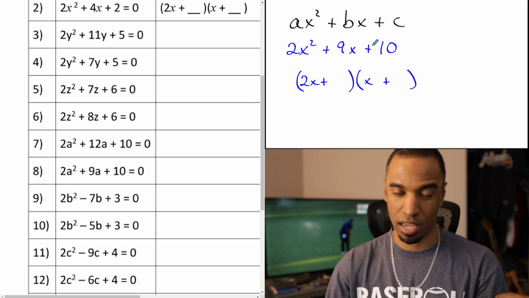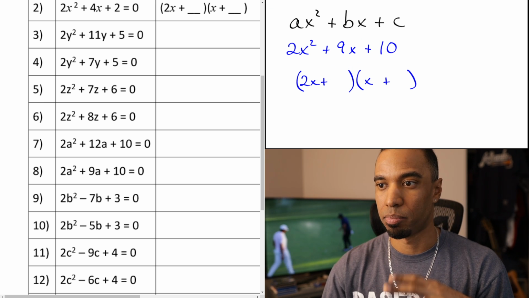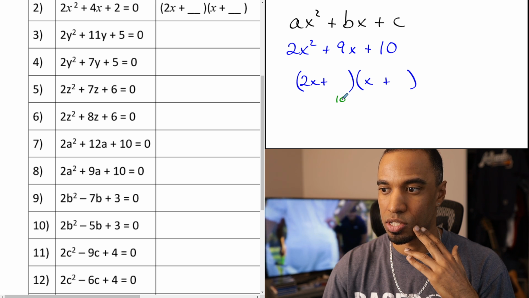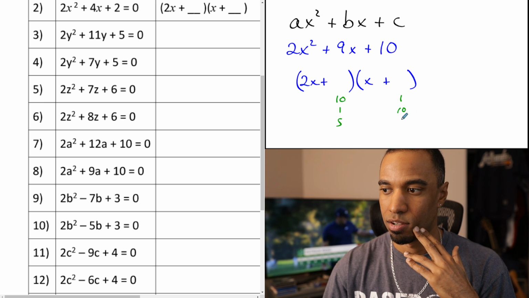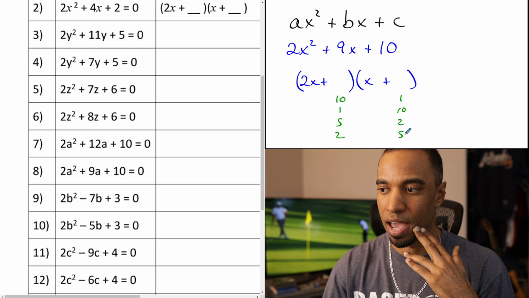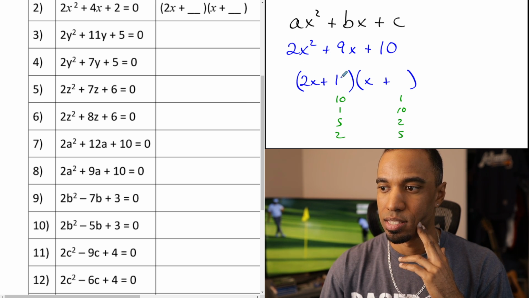It does change when you have a negative product. We'll get into that one last. But right here, 2x plus and plus, I can choose factors of 10, such as 10 and 1, 1 and 10, 5 and 2, or 2 and 5. Figure out which one goes here. I can try 10 and 1.